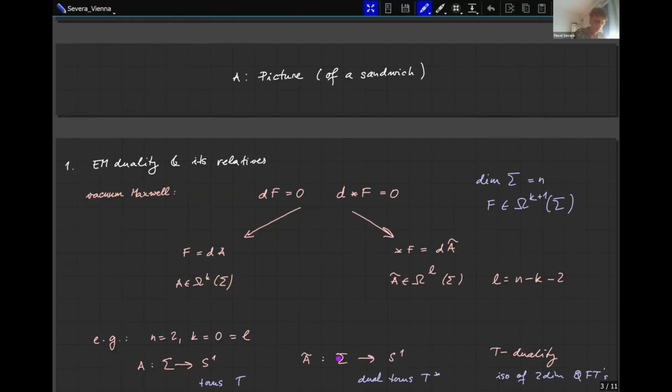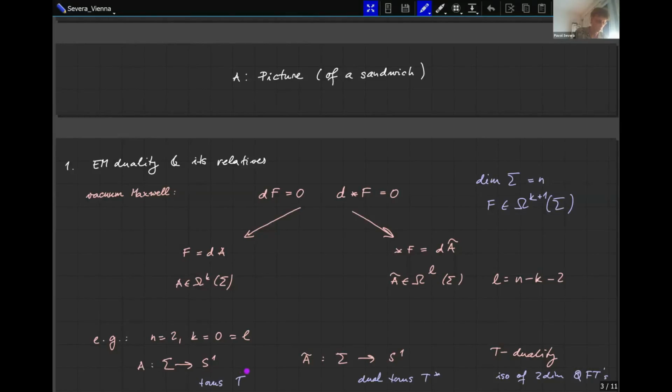And if we set up the lengths of those two circles in the proper way so that the product is equal to 1, then we actually get an isomorphism of two-dimensional quantum field theories. These are free field theories, but still they are quite interesting, even though they're free. And this isomorphism is what is called T-duality.